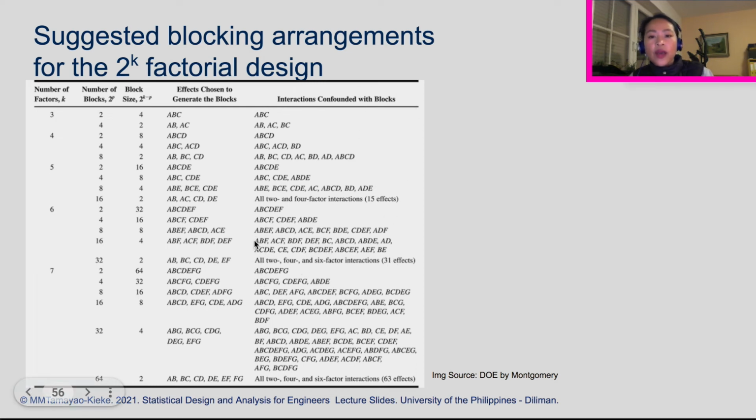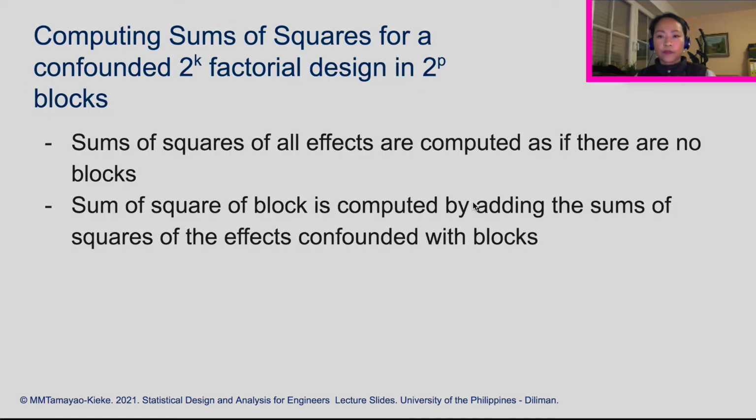Since you have 16 blocks, you would have 15 degrees of freedom, and so this would be in total 15. For this you have 1, this one you have 3. You have 8 blocks here, so you have 7 interactions confounded with blocks for this one, and so on.